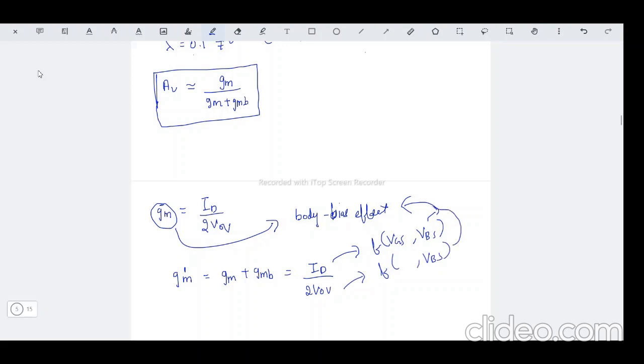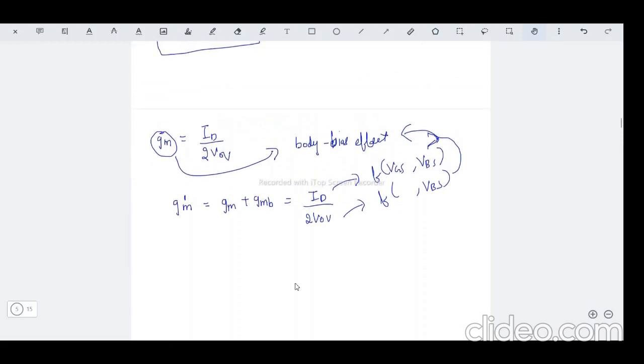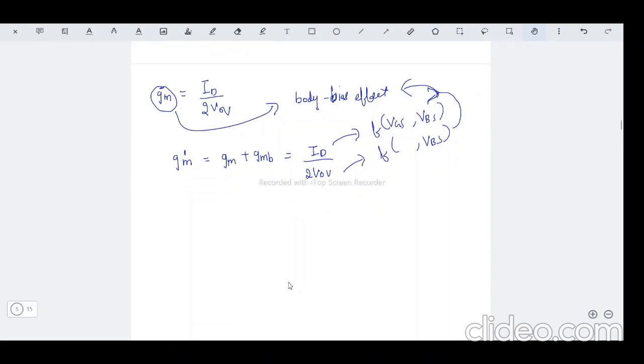So this is also due to the body effect. When ID and VOV depend on body bias effect, inherently gm dash would also depend on that. So now let us try to find gm and gmb.